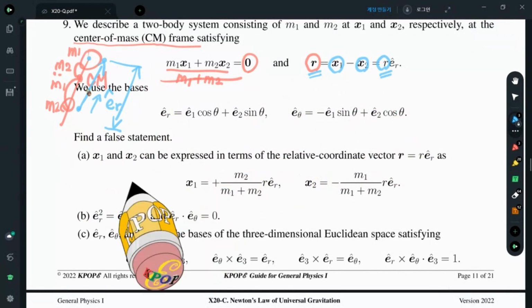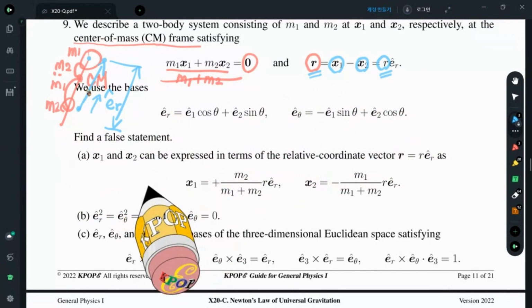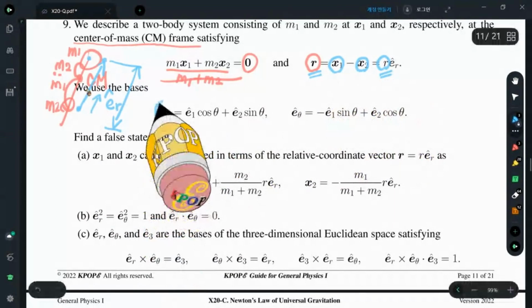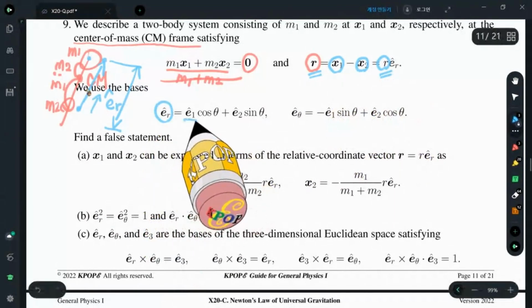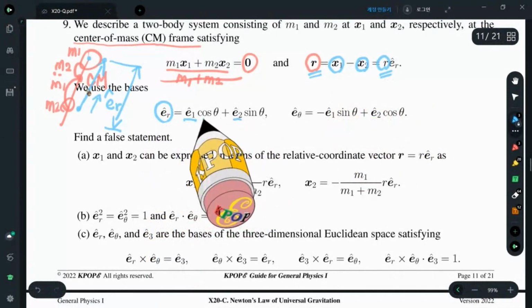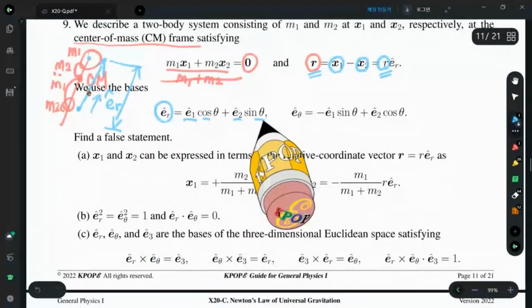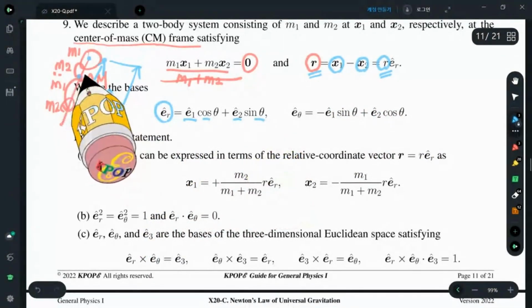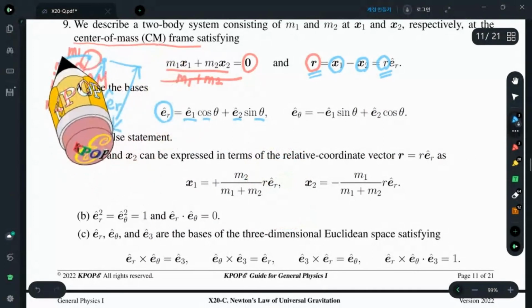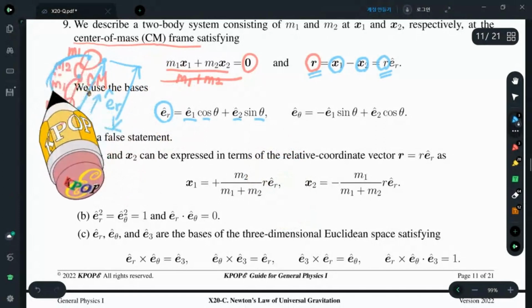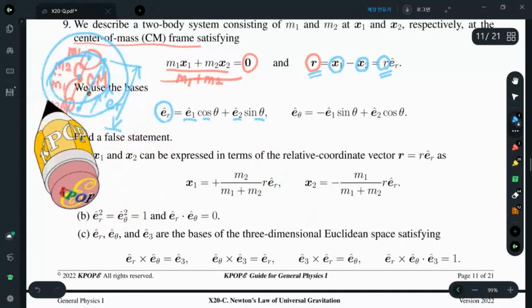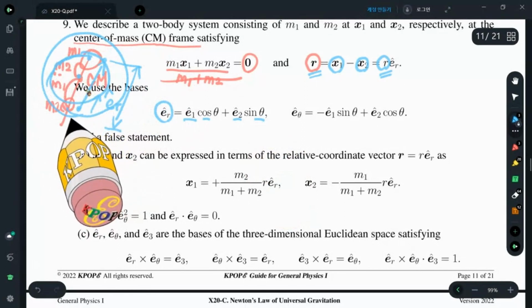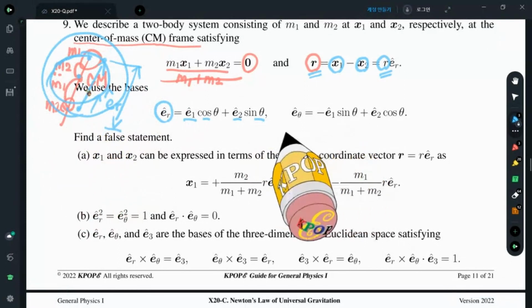And then this unit radial vector can be expressed in terms of Cartesian coordinates with cosine and sine. And when it rotates in the CM frame, the heavier particle makes a small circle, and the lighter one makes a bigger circle.